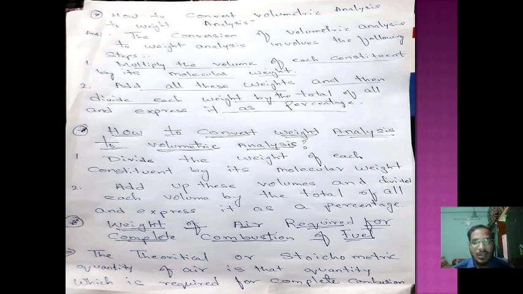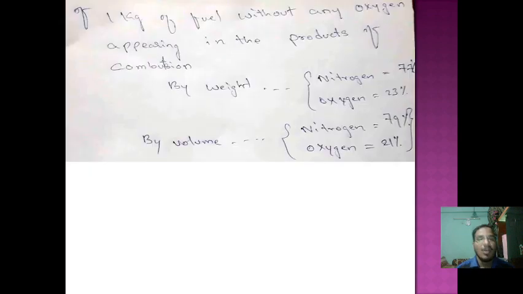The theoretical or stoichiometric quantity of air is the quantity required for complete combustion of 1 kg of fuel without any oxygen appearing in the products of combustion. Theoretically, or stoichiometrically, it depends upon the quantity of air fuel mixture that will burn in the combustion chamber.